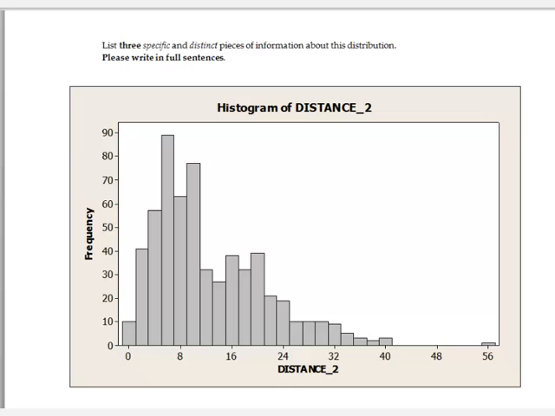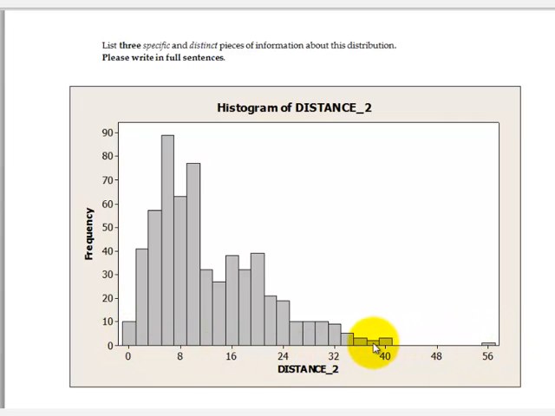Now the next piece of information we want to talk about for this distribution is to see if there are any possible outliers. Outliers are values that are very far away from the rest of the data. They can be to the left, they can be to the right. As we look at this histogram, we see that there is a lot of data here, a lot of frequencies, and then we have this value way over here. It looks like there's a frequency of 1.